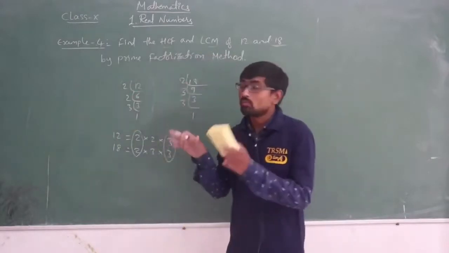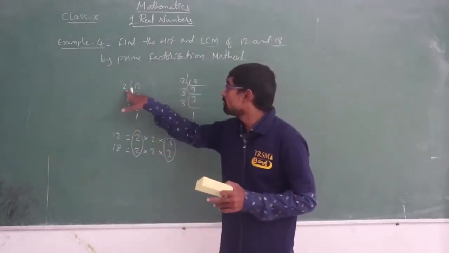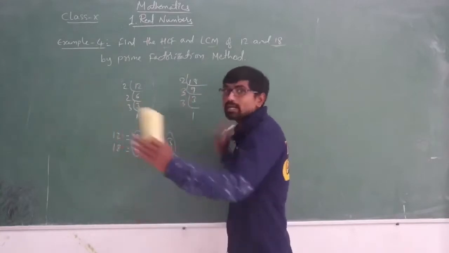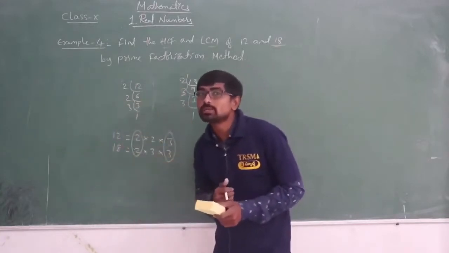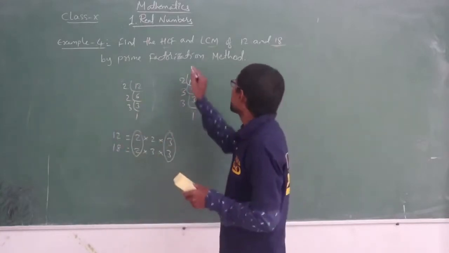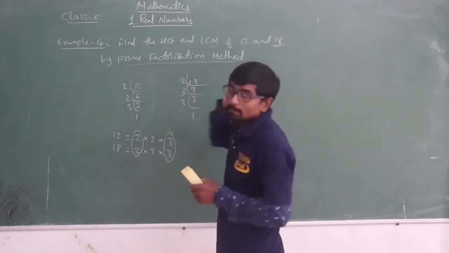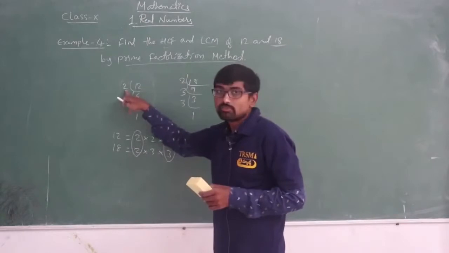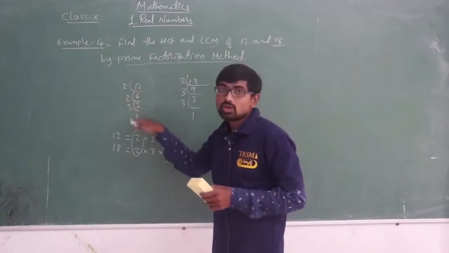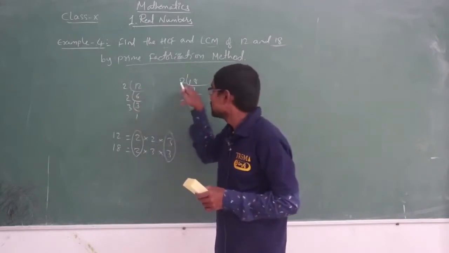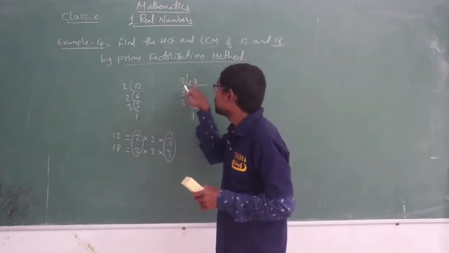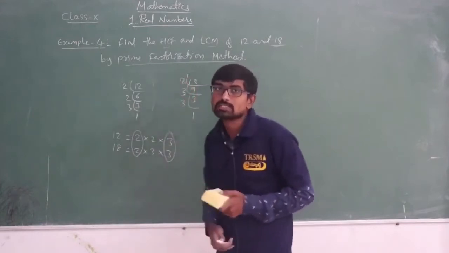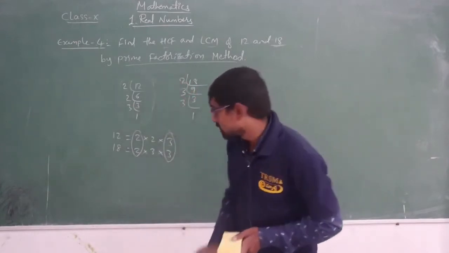So what is this? I have found the prime factors of 12 and 18 separately by using which method? By using the prime factorization method. Evaluating the prime factors of 12 by this method is called the prime factorization method. Similarly, evaluating the prime factors of 18 by this method is also called the prime factorization method.